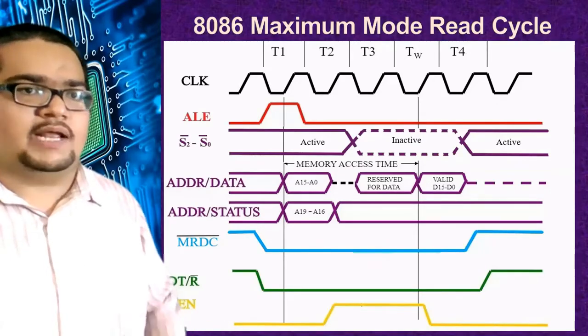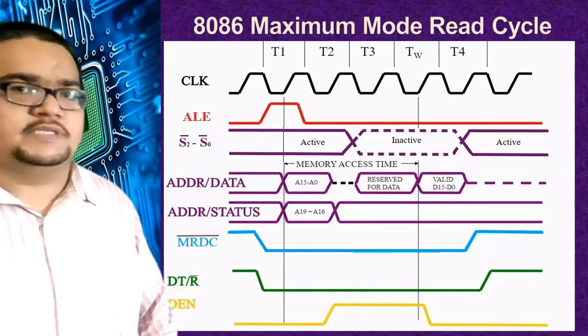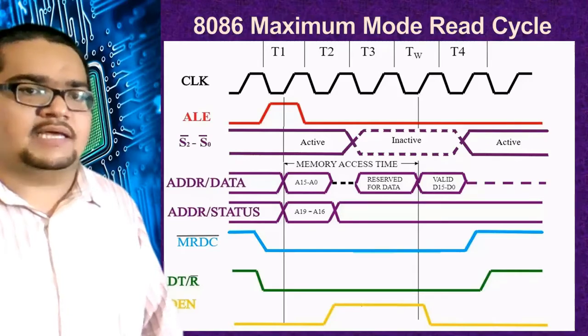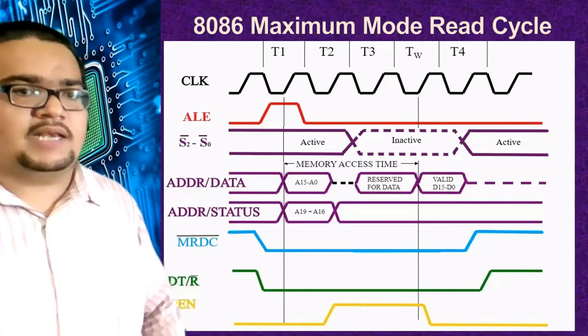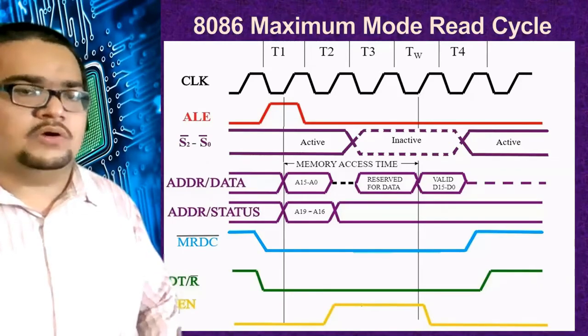So that is the active low and high difference in minimum mode and maximum mode. So this is the maximum mode read cycle of memory. Similarly, the IO read cycle can be taken by having the indication here as IORC, IO read command, instead of MRDC.